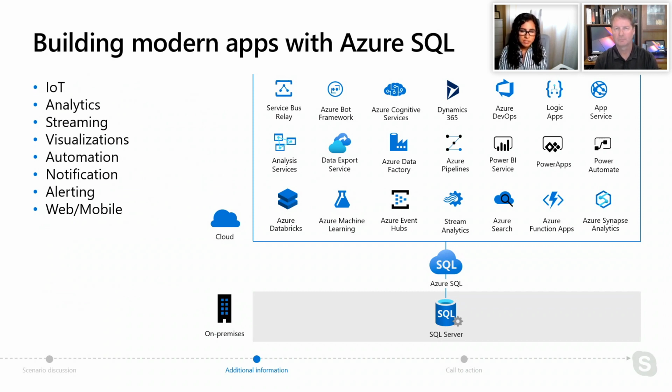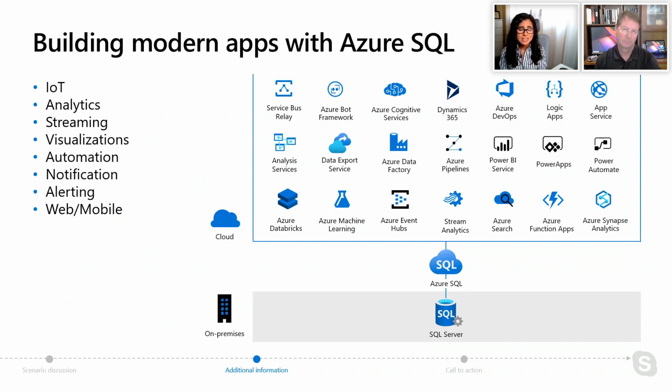Really, Azure SQL can become, like we've mentioned before, the world's database. It can be the backend for lots of your applications, regardless of what you're doing, whether you're doing IoT or finance, or some analytics or streaming. We have integrations with Stream Analytics, and based on our work with Azure SQL Edge and its tight integration with Stream Analytics, I only see this continuing to improve as we go forward.